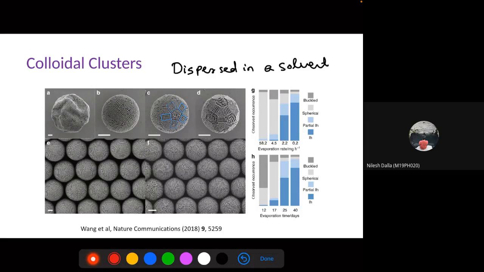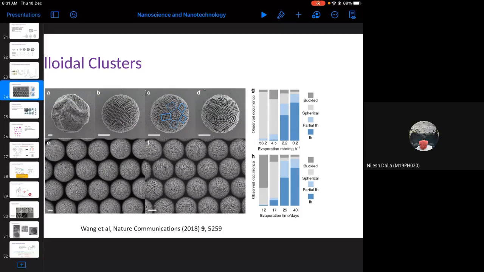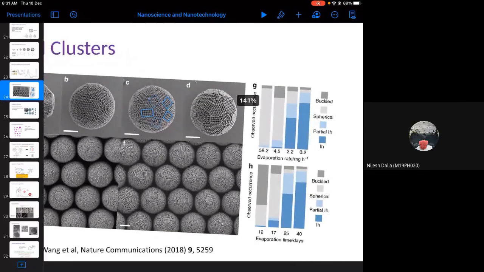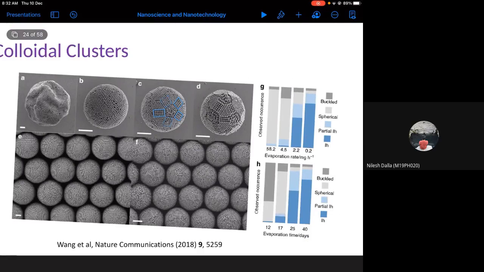Okay, so here if I can zoom in? No, sorry.